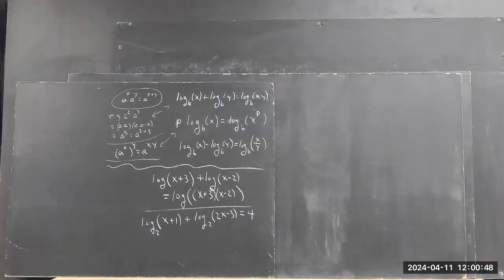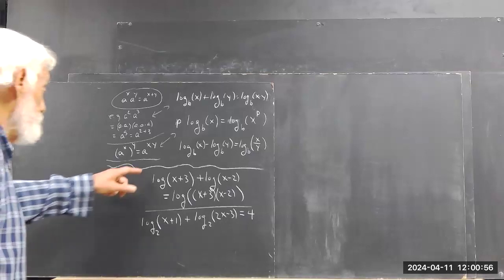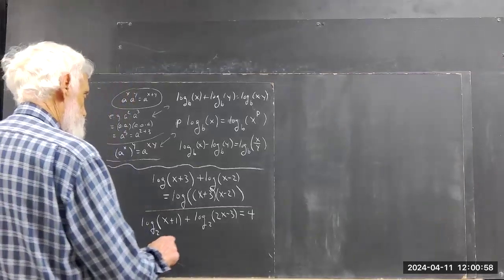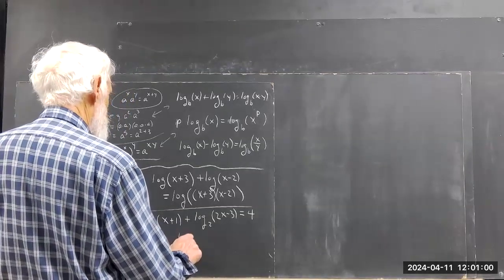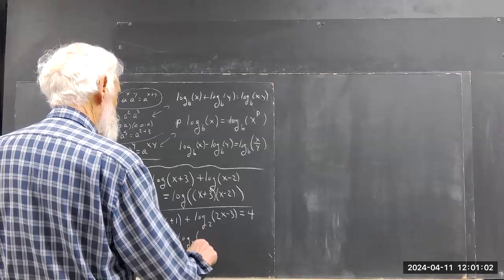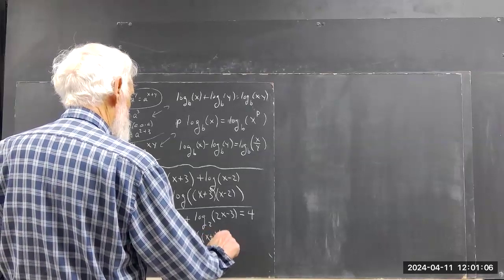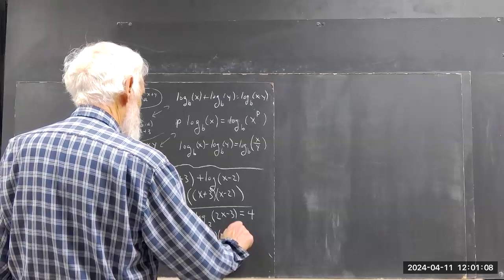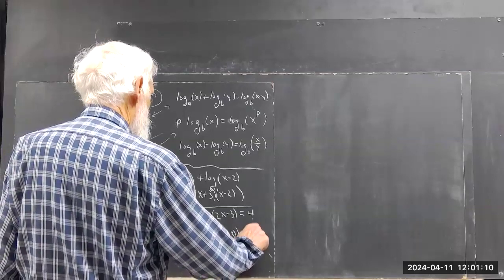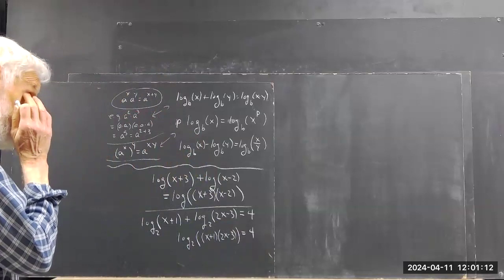Now, you can't do anything with that 4, but you can do plenty with the left-hand side, right? And it's the same thing that we did here. We're just going to write this as a log base 2 of x plus 1 times 2x minus 3 equals 4.